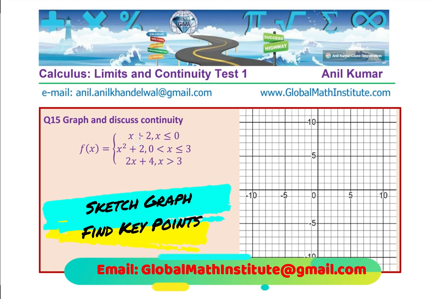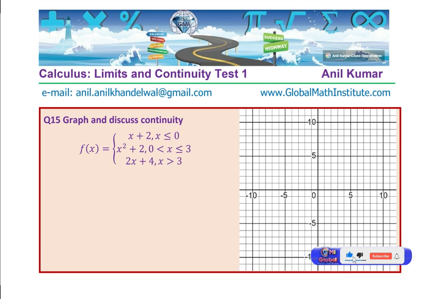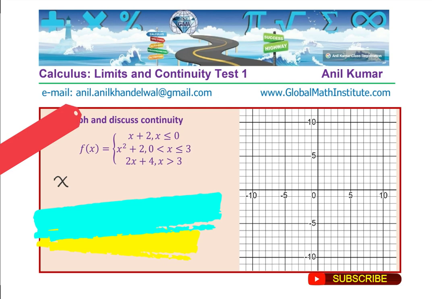The very first piece is x plus 2 where x is less than or equal to 0, that means on the left side of the y-axis. So what we can do here is start with the points, especially one at 0, and then take one on the left hand side.